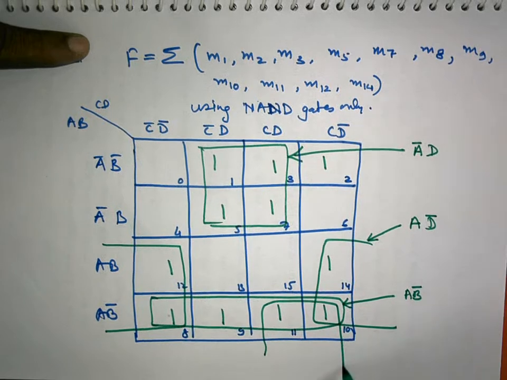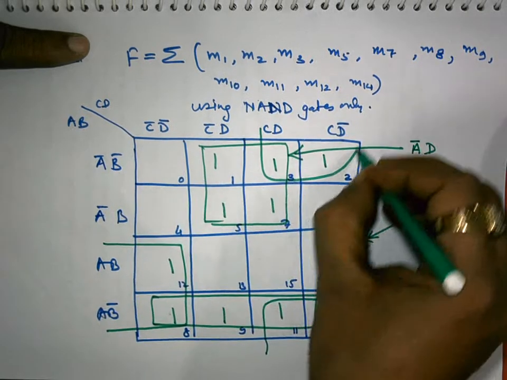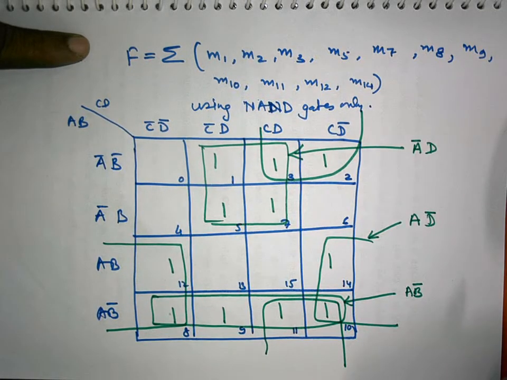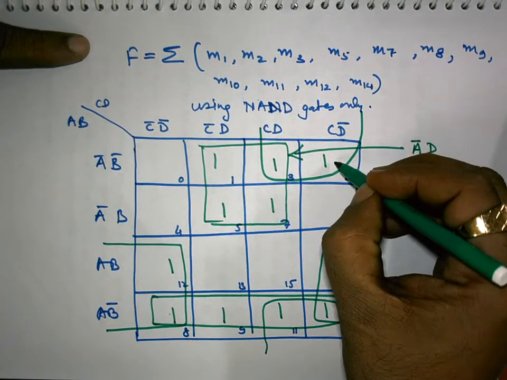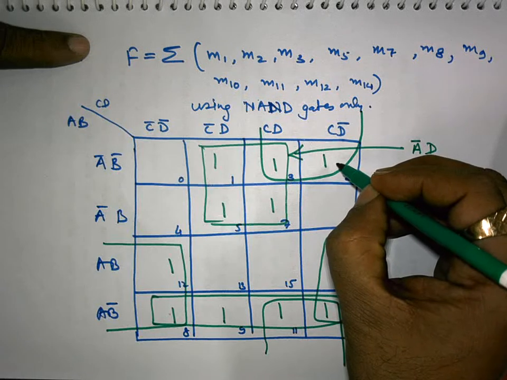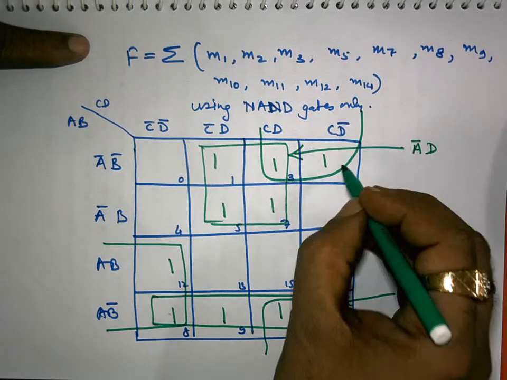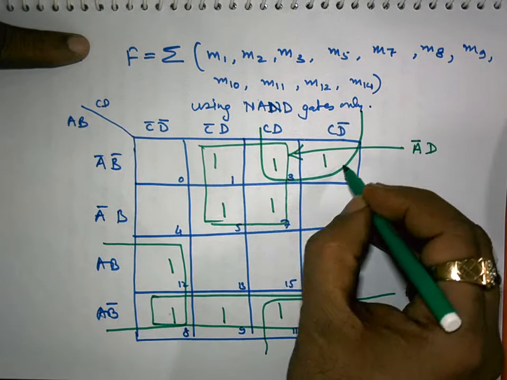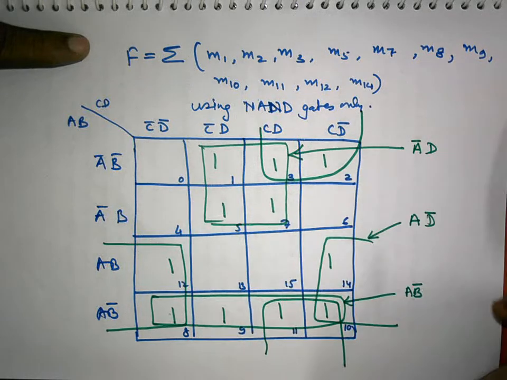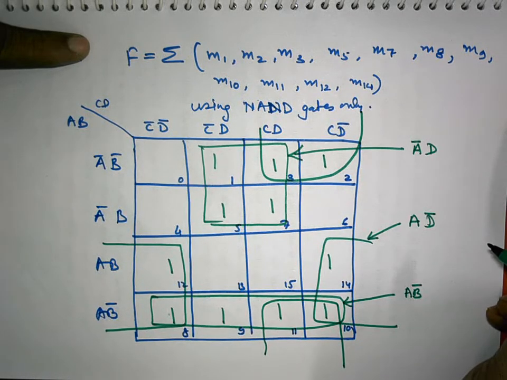If you look, you can form. It incorporates a fresh one, this. It can also form a pair, but that is not the prime implicant. That is a non-prime implicant.